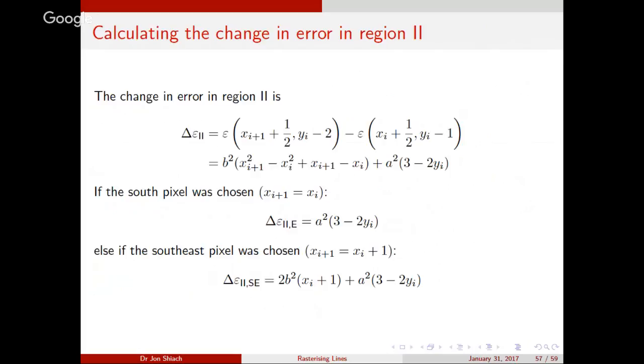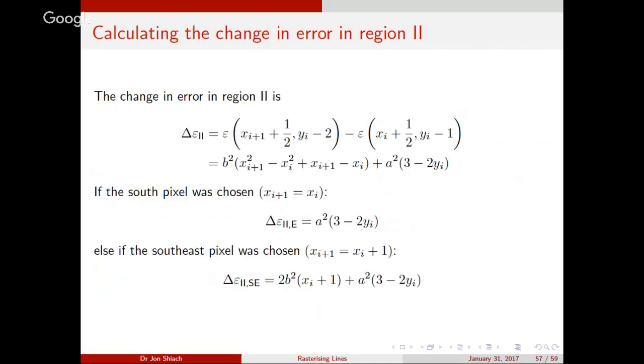Okay, so the change in error in region 2. This is the error at the midpoint 2 pixels down, minus the error at the midpoint 1 pixel down. Remember, we're going down now rather than across. If the south pixel was chosen, our x coordinate hasn't changed, so we get the change in error.